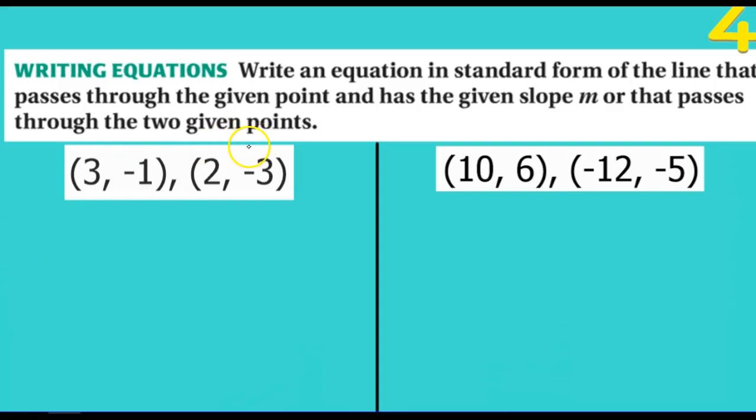Alright, now this one says write an equation in standard form of the line that passes through the given point and has the slope m, or that passes through the two given points. Well, we know that we have 2 points, so we know that we have an x1, a y1, an x2, and a y2.